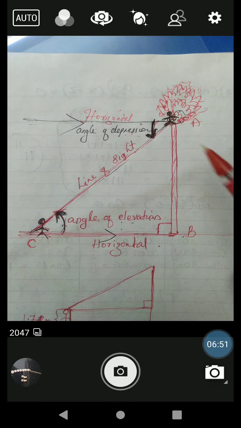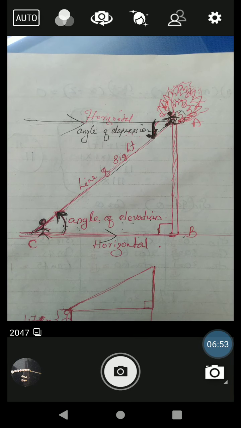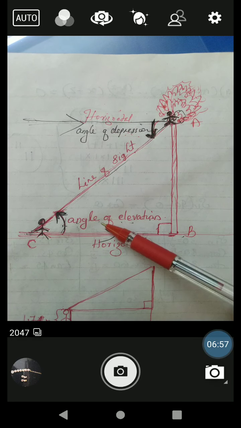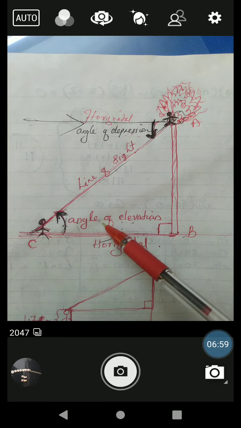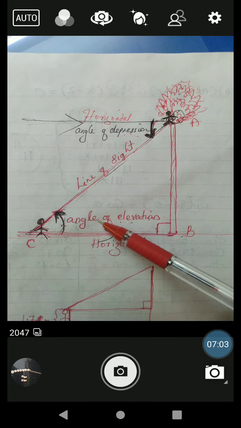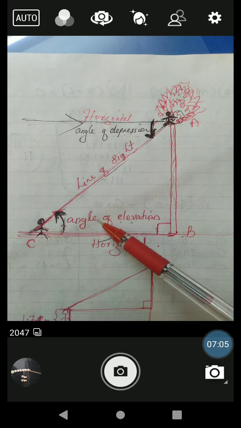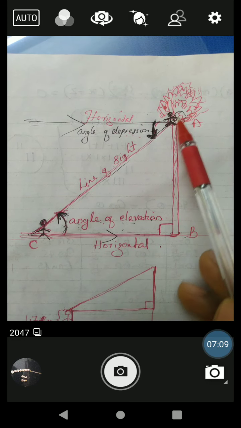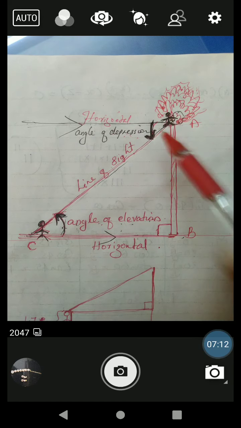In this figure, can you tell me what is the relation between angle of depression and angle of elevation? Actually, angle of depression is equal to angle of elevation. What is the reason? You can see two parallel lines and a transversal.